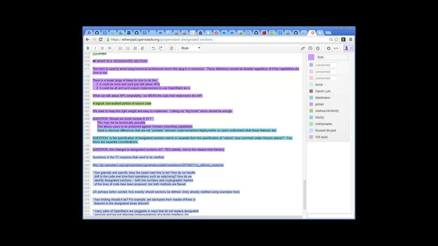Yeah, which is why some of these designated section questions are tricky. And the one in particular I wish John Griffith was here for is the Cinder scheduler, because he does have a really good point, which is that the Cinder scheduler has a multi-backend logic built into it, and he would like to see that scheduler as a natural designated section.